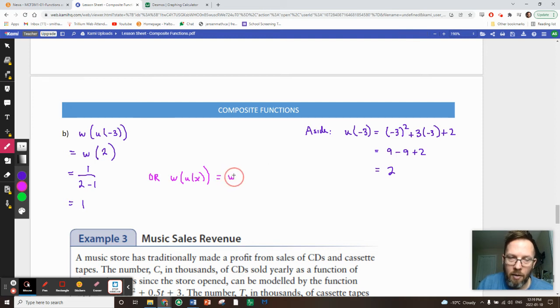So we're finding w at the function x squared plus 3x plus 2. And the function w is 1 over x minus 1. So where we have an x, we would plug in x squared plus 3x plus 2. Of course, we still have minus 1. And this actually simplifies pretty nicely to 1 over x squared plus 3x plus 1.